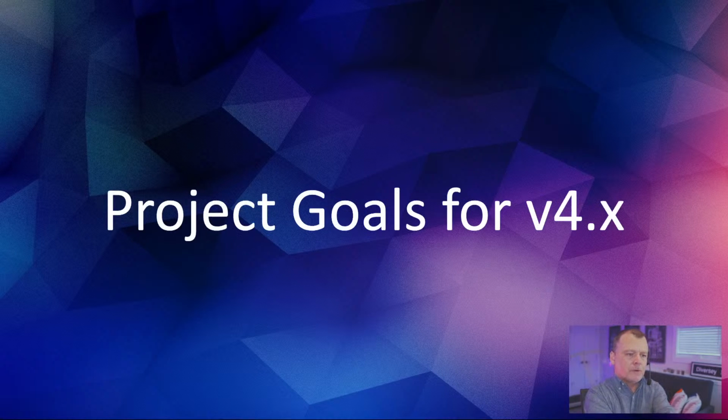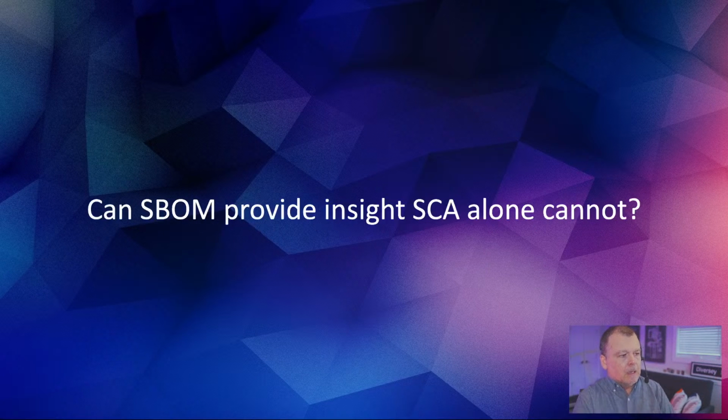So what are the goals for 4.0 or 4.x, the entire 4.x series? Can SBOM provide insight? I think so. But we need to be able to figure out in Dependency-Track how that's actually going to surface, right?